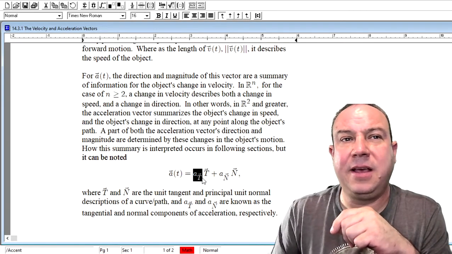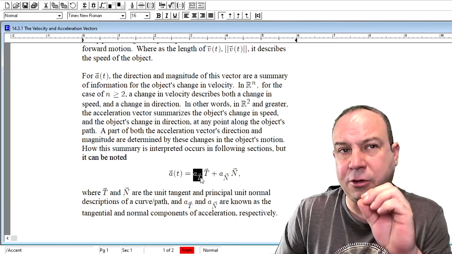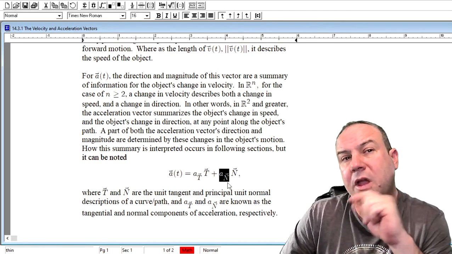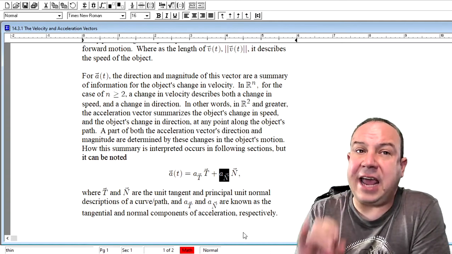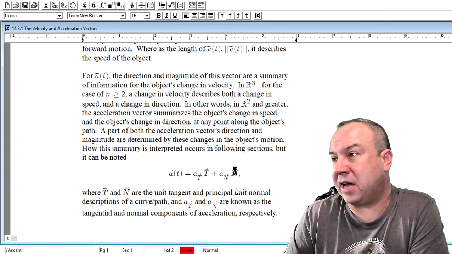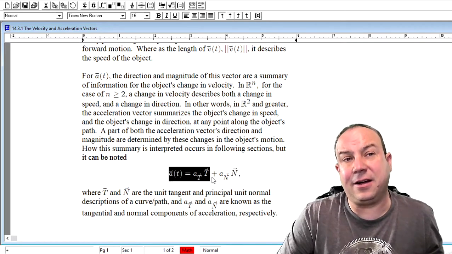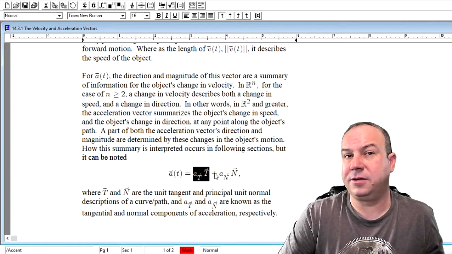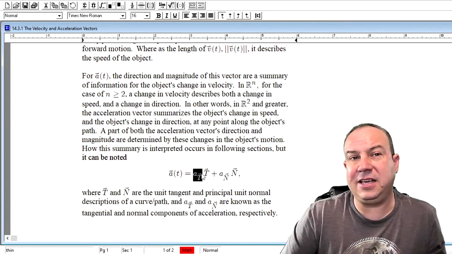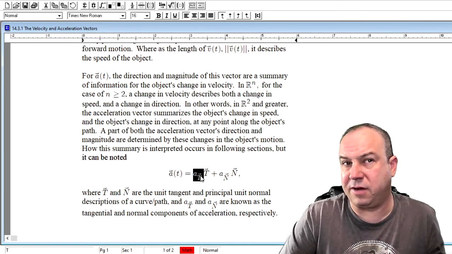These quantities, a sub T bar and a sub N bar, a sub the unit tangent vector and a sub the principal unit normal vector, are scalar multiples of the tangent and principal unit normal vectors used in this summary of acceleration. They are going to scale these two respective vectors to a certain length and then sum them together. The scaling of these vectors to a particular length is described by the components of what we call acceleration.